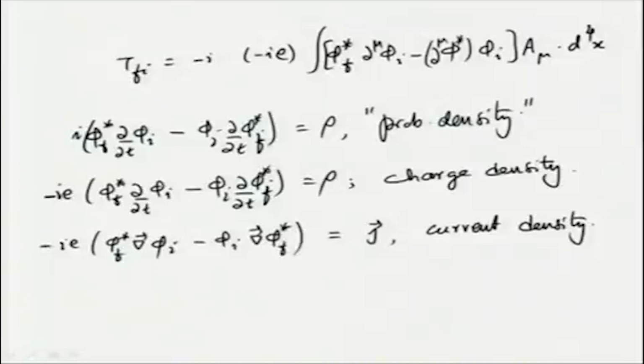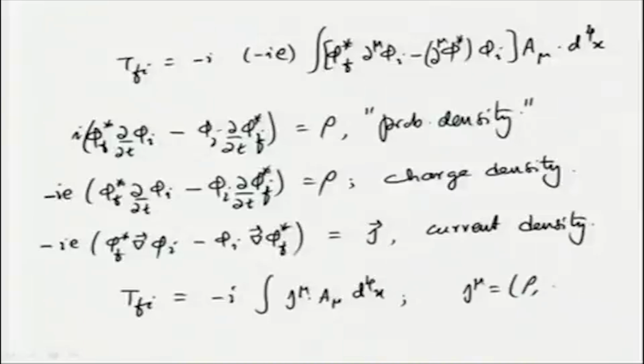So, now with this I can write T f i as minus i integral j mu A mu d4x, where j mu is rho, j, the 4 vector current density.